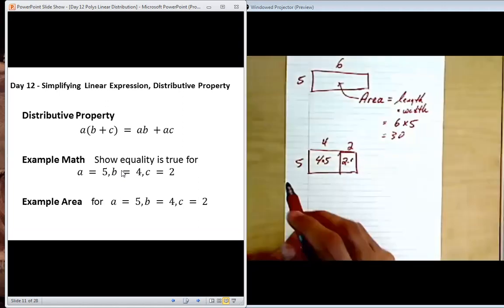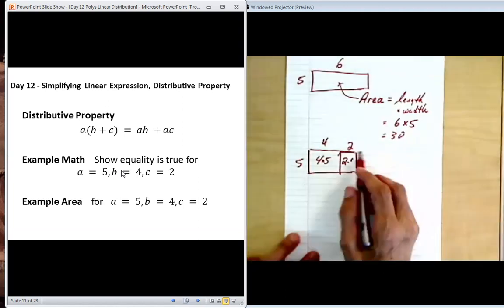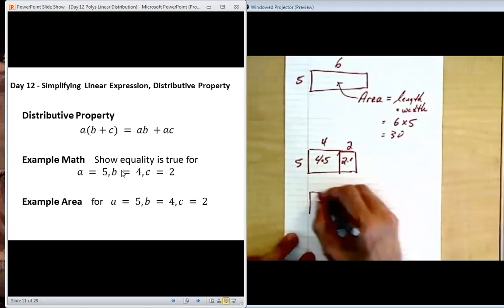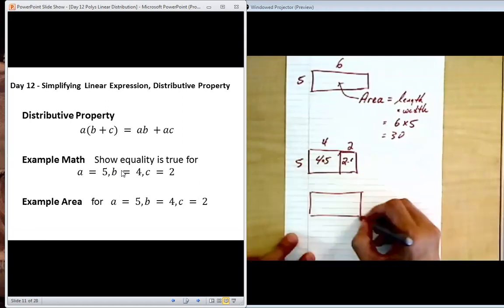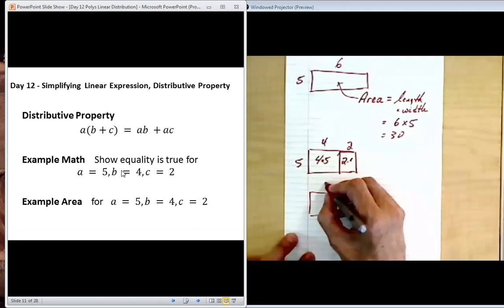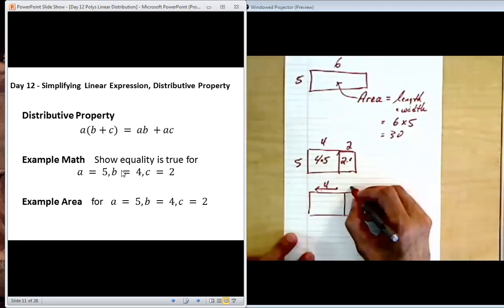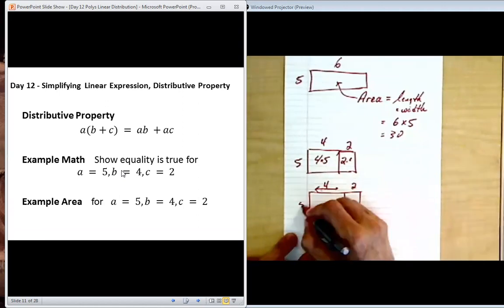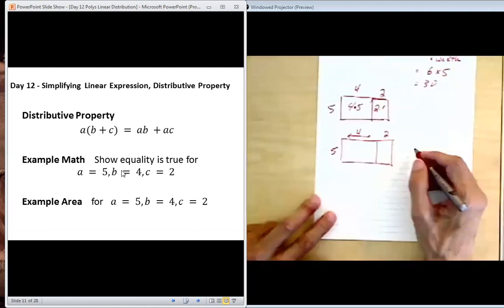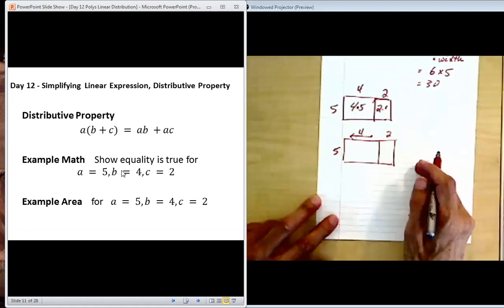I'm going to redraw this situation again here. Got it like this to start with. I'm saying that this length here is 4, right? This one's 2. And that's 5 there. So to find the area of the whole thing, that's the goal.